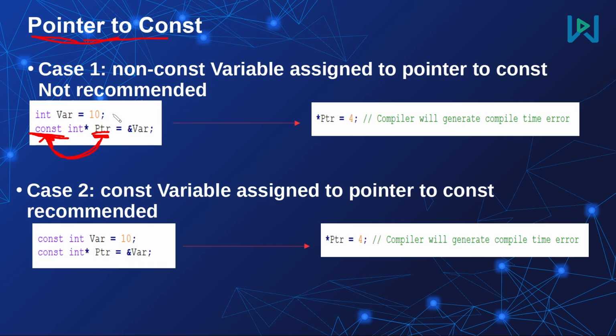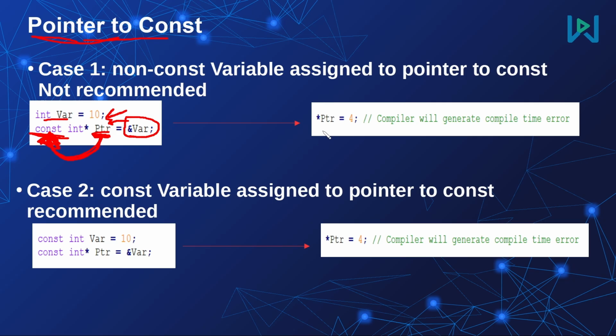In this example, I have created a variable of type integer. Then I used the address of this variable to initialize this pointer. This one has a type qualifier const integer, means it is pointing to a variable that will have a const integer type.